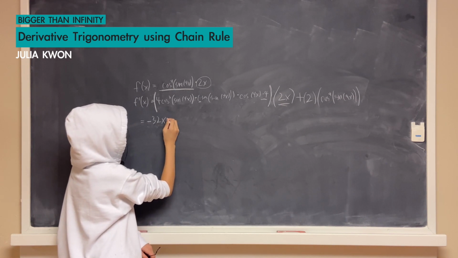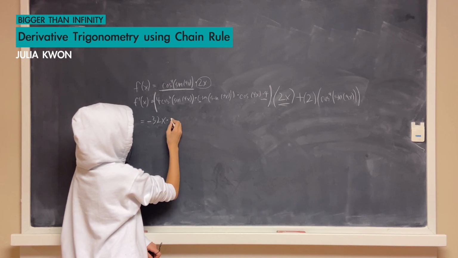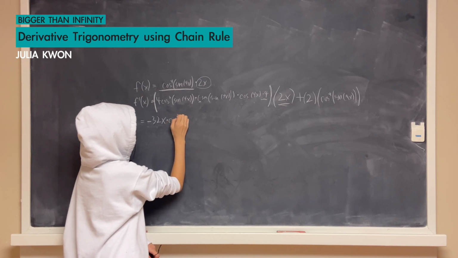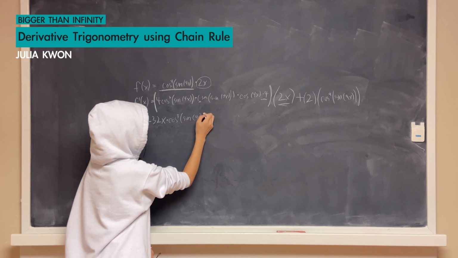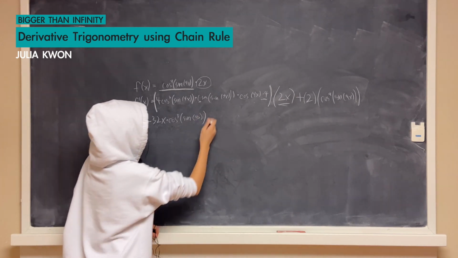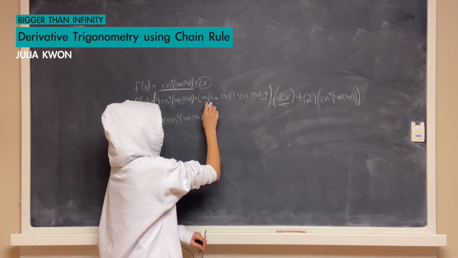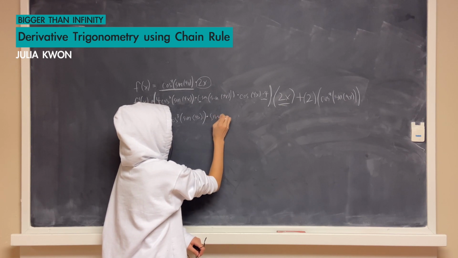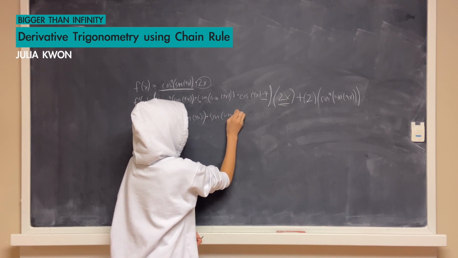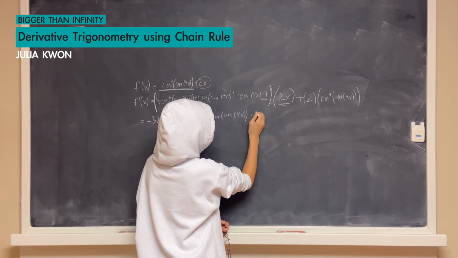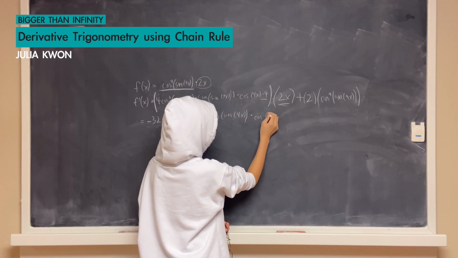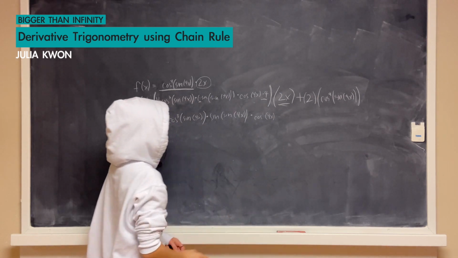So negative 32x times cosine cubed of sine 4x times the sine of sine 4x times the cosine 4x.